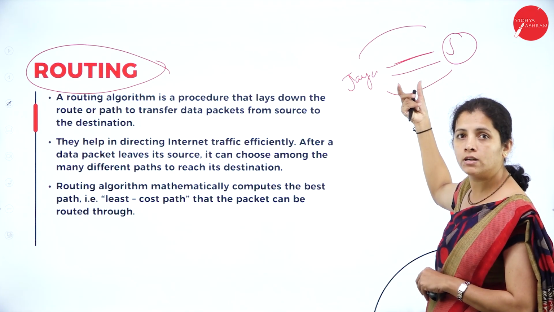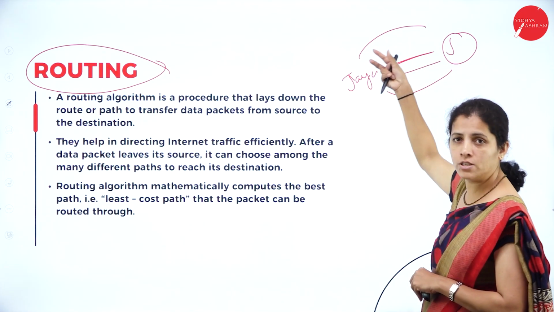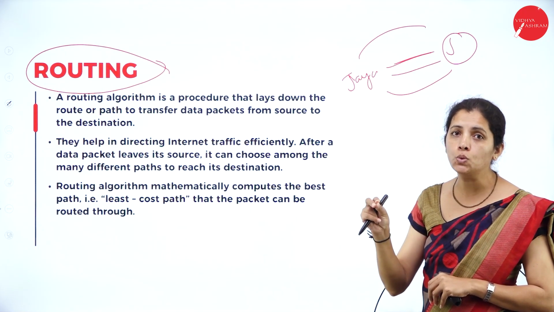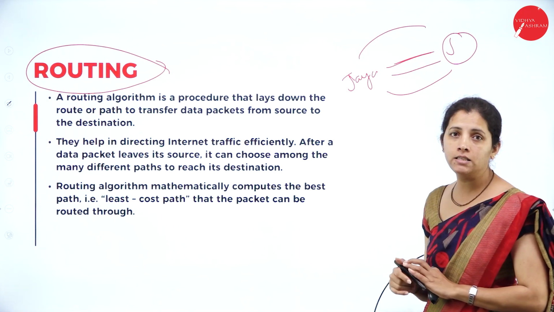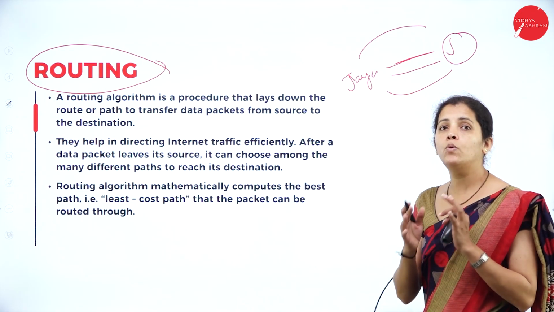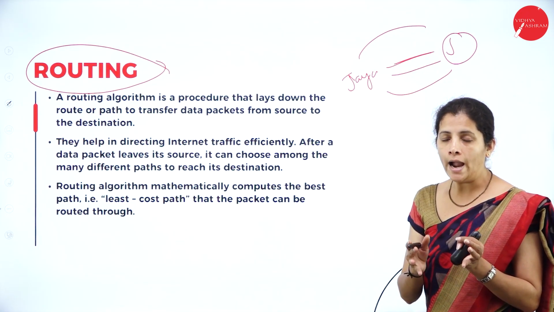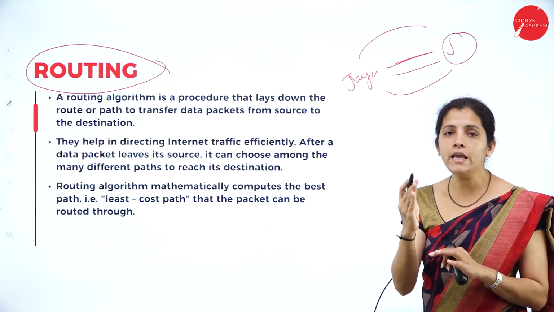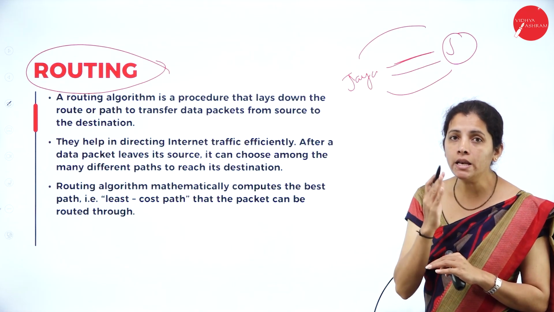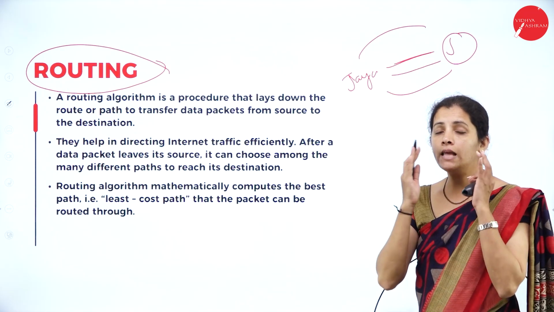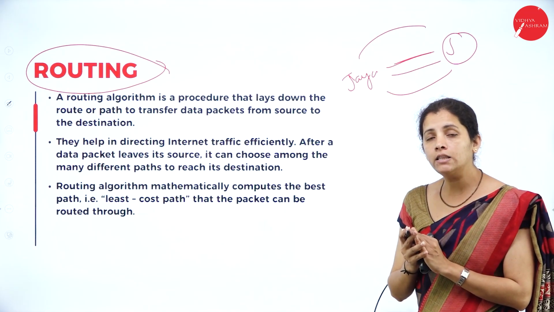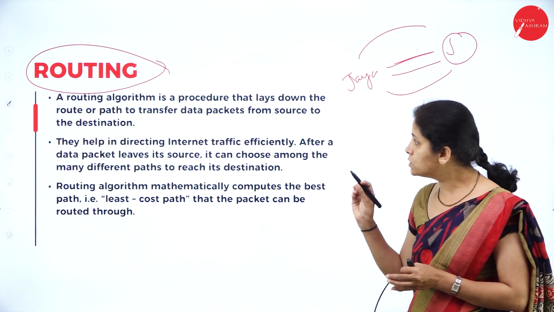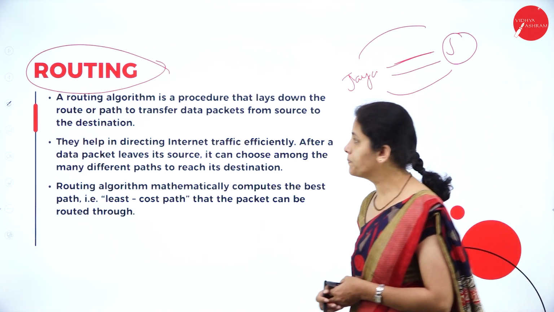In the sense, among all the possible routes, I want to select the best route. So here, if I consider a computer network, I have the data, and to reach the destination, I have many paths or many routes. In that, I want to select the best and optimum route, and that is known as routing.